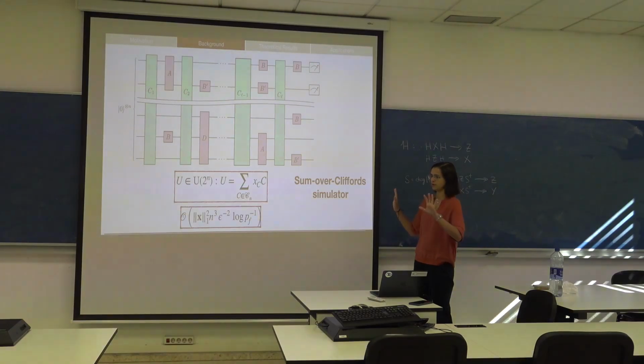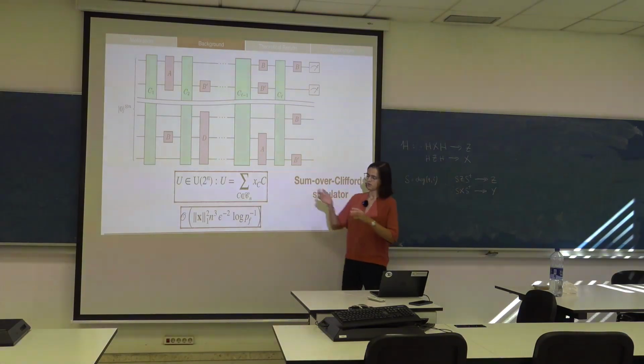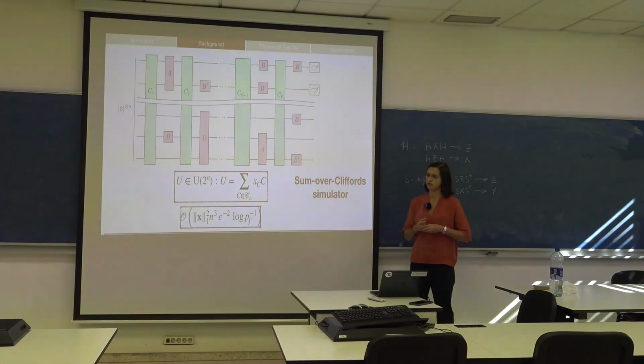Now we have Clifford circuits. Each of them you can run in polynomial time, right? Because it's efficient. So you run them, you get the output states of this, and then you know how to combine them, and then you use the information to get samples.